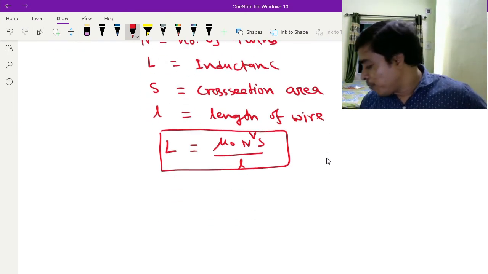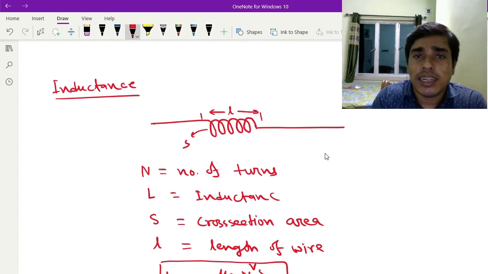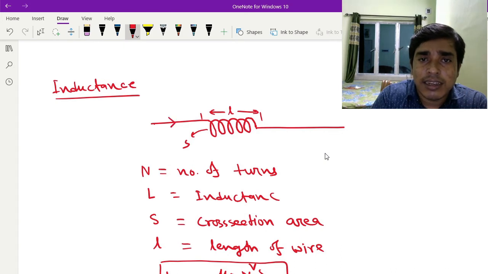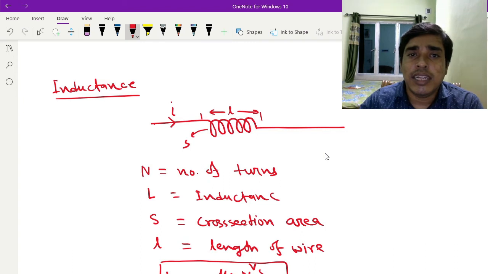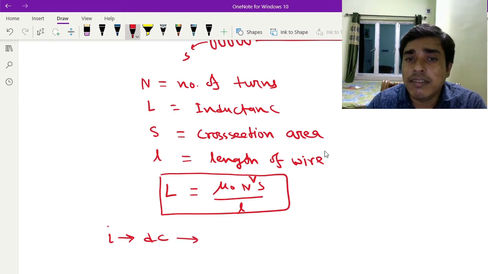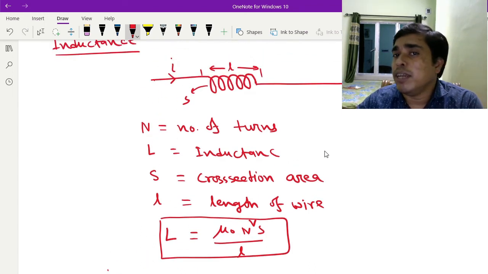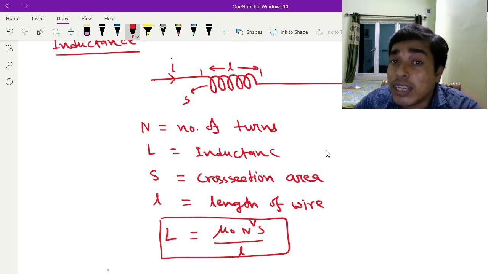Now consider current I going through this inductor. If I is DC, then at the initial moment there will be inductance, but after some time there is none. So a DC source cannot create inductance for a long time.